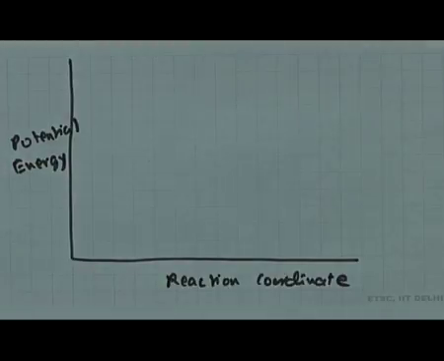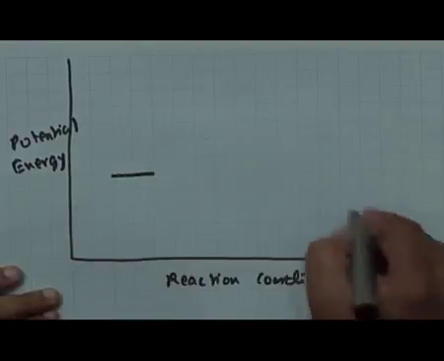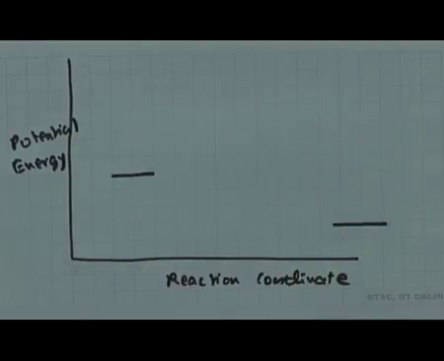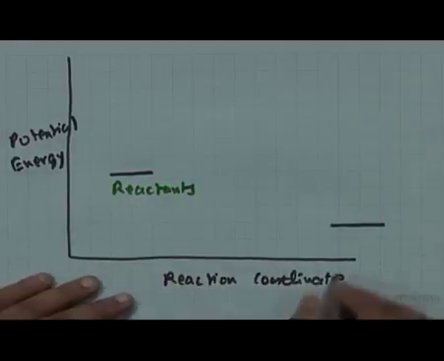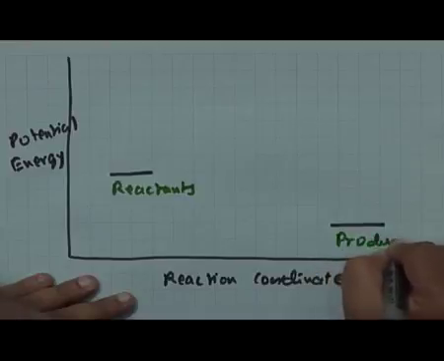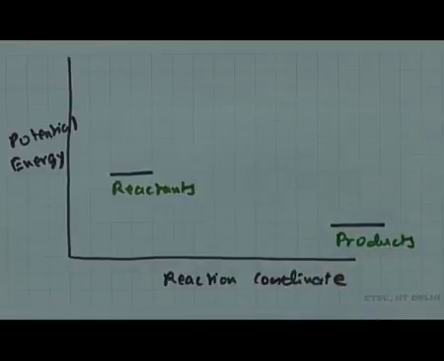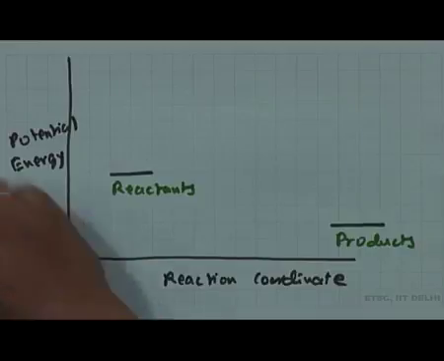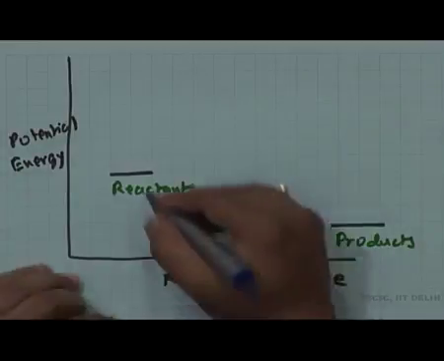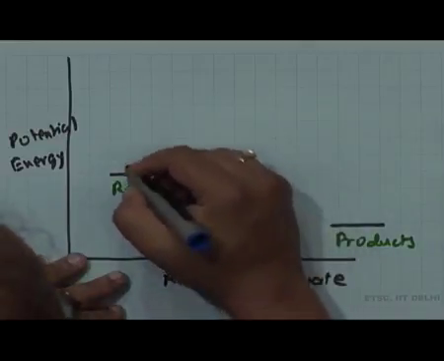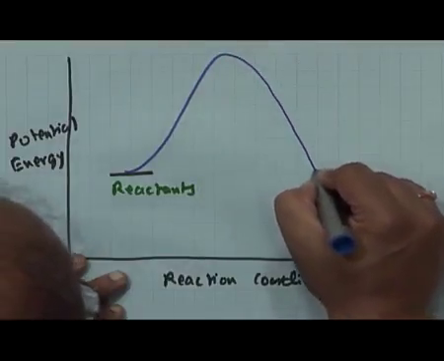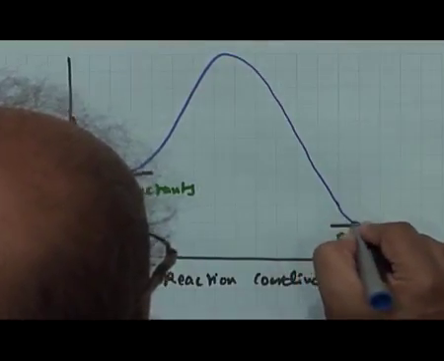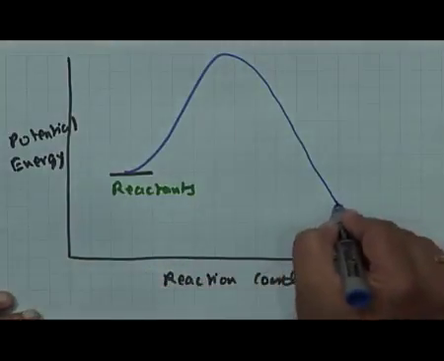On the y axis I have the potential energy. If this is my reactants and this would be my products, then on my way from reactants to products, this is how the potential energy profile should look.